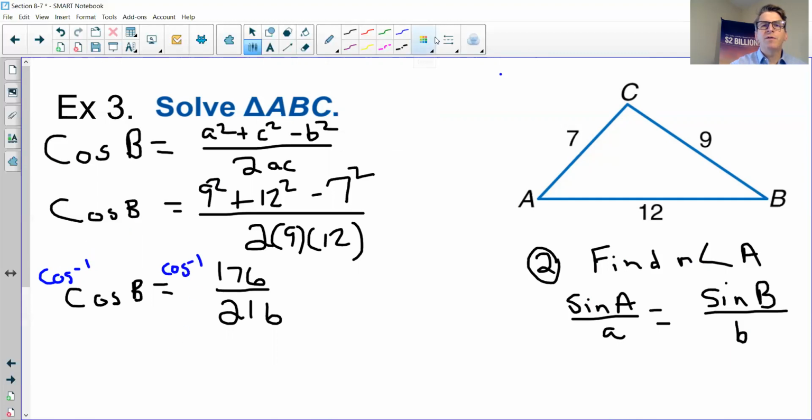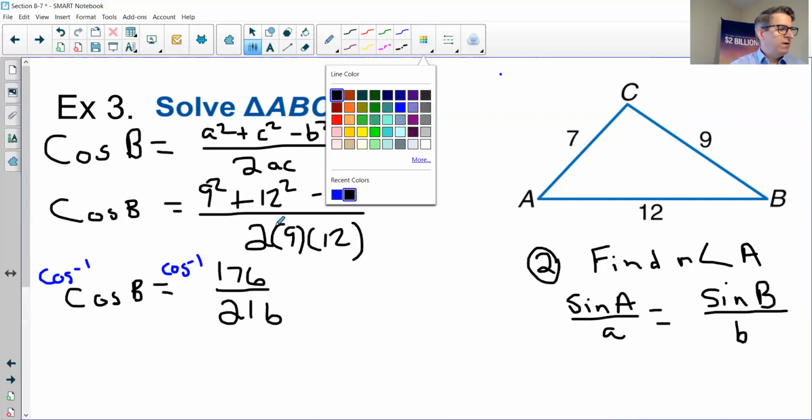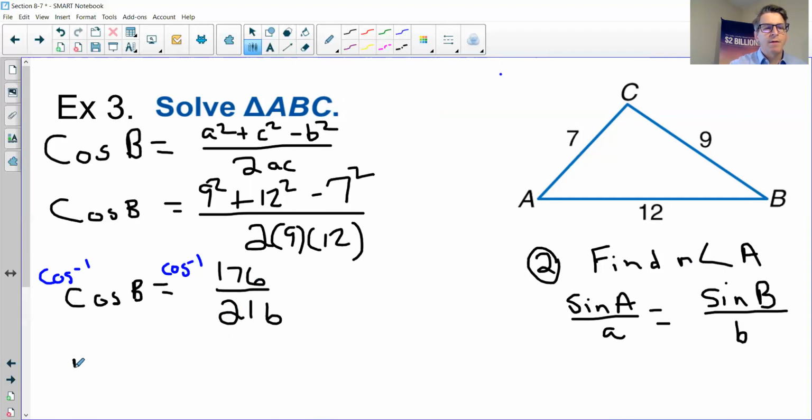You end up with the angle B to be 35.43 degrees. That's the angle right there.